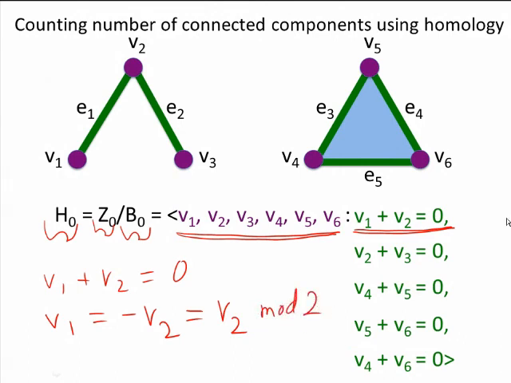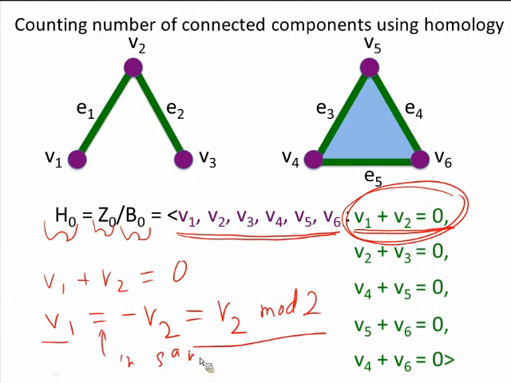And this is just the notation that we're going to use to be able to say that V1 equals V2. And by equal, we just mean it's in the same component. So this is the notation that we can use.